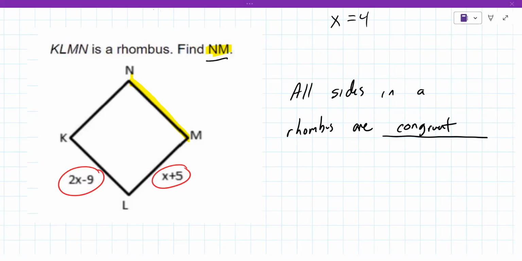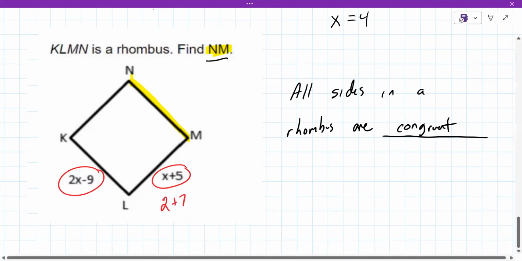Okay, so let's try that. What is 2 plus 7, Sarish? 2 plus 7 is 9.